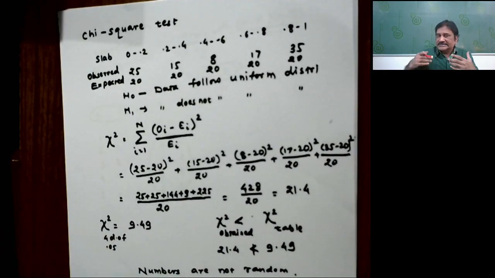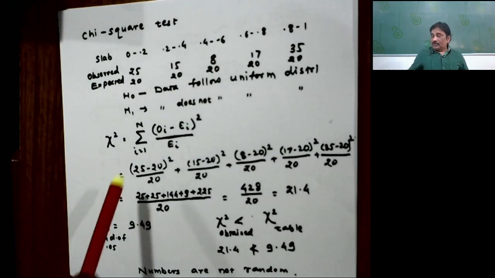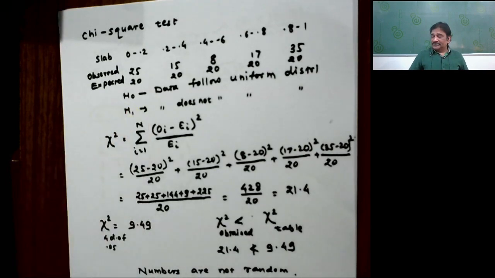So this is the clinical test by which I may be in a position to tell you whether the data is uniform or not. But if the data is like this, then I will have to think a little more. I have the null hypothesis that the data follows uniform distribution, and the alternate hypothesis that data does not follow uniform distribution.